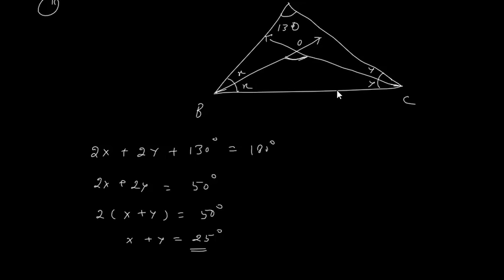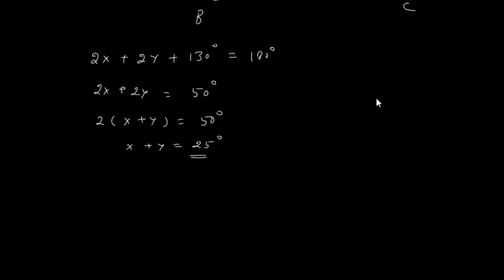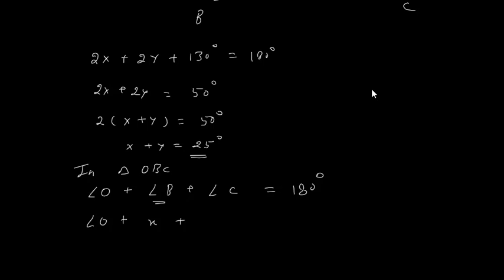Now this central angle I have to find out. So in triangle OBC, angle O plus angle B plus angle C is what? 180 degree, right? They are the sum of three angles of a triangle. So angle O plus angle B, which is x, plus angle C, which is y, is equal to 180 degree.